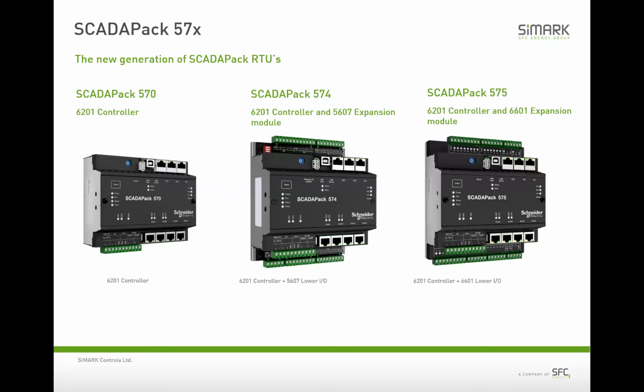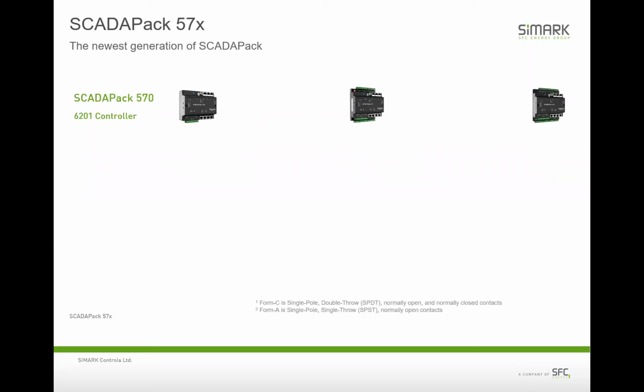So we have 3 available currently. The 570 is basically the controller board with communications ports on board, so serial ports as you see here, 3 Ethernet ports, one of which has an IP address built in. The USB port is used to get online and do online configuration, or you can use the Ethernet ports for that as well.